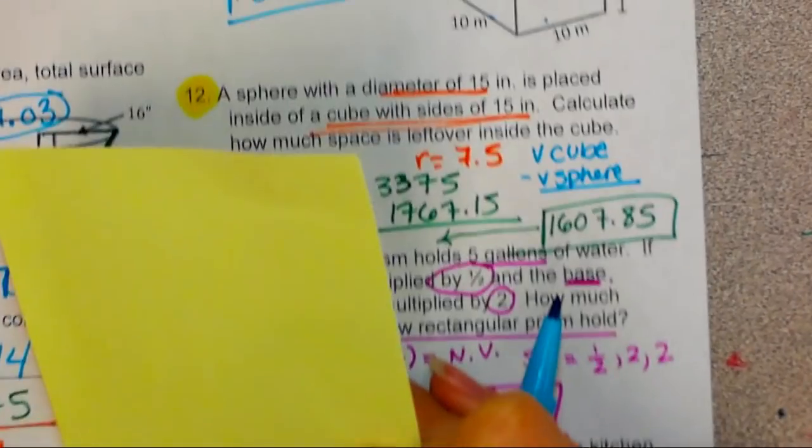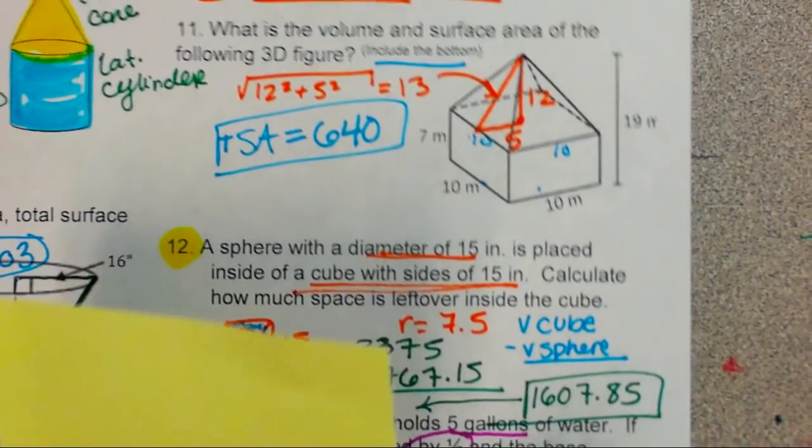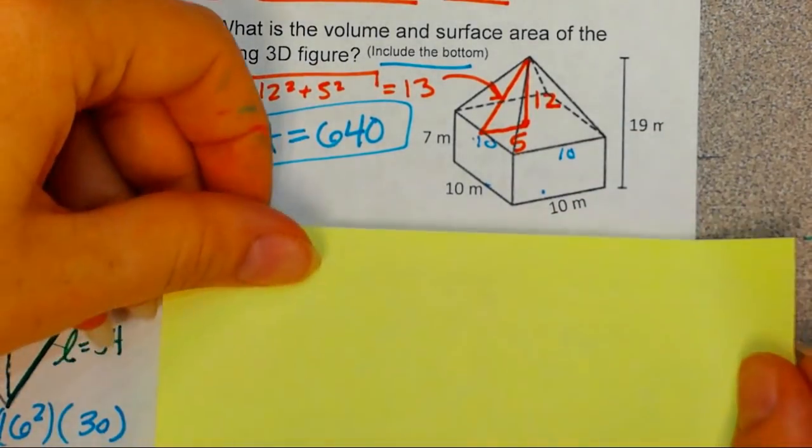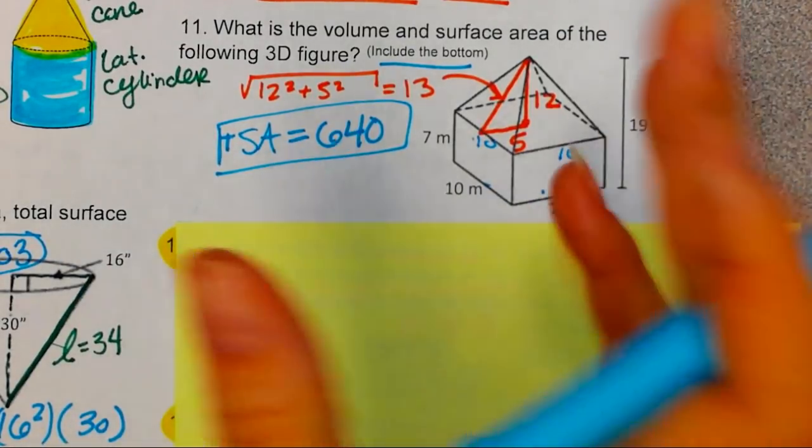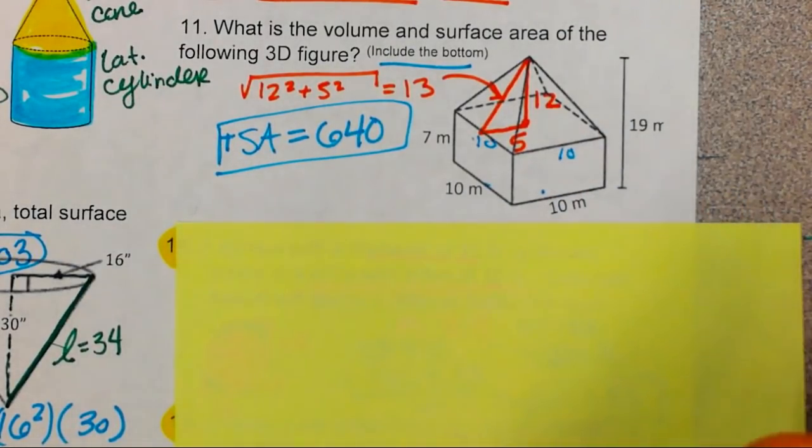Oh, you can't see. All right, now let's do the volume. In my opinion, volume is actually easier than surface area, because there's no stuff that you have to leave out or trying to figure out what parts to include.